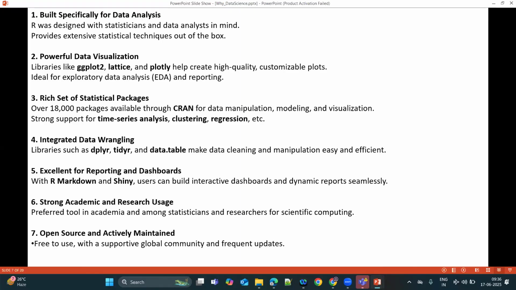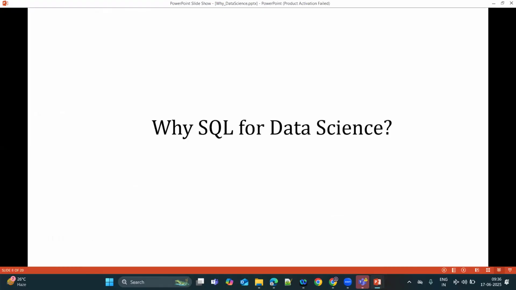There are some scenarios where we'll use R, but don't worry about the R language. It is good to just have an idea, but don't go in depth. So I will be skipping R.